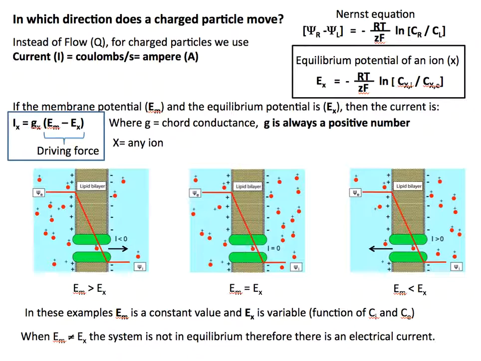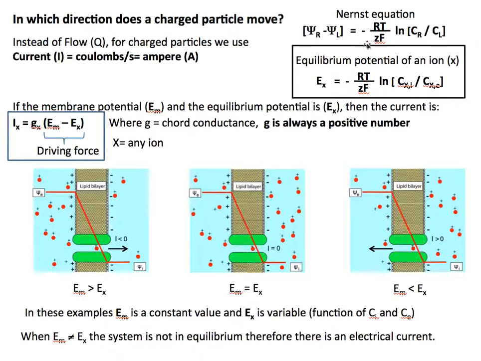So in what direction does a charged particle move? Do you guys remember the Nernst equation? This is from last lecture. So it'll come back. And current is equal to coulombs per second, and its unit is ampere. That is how you measure current.